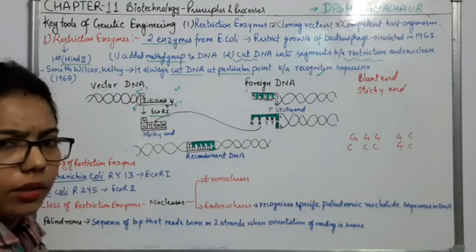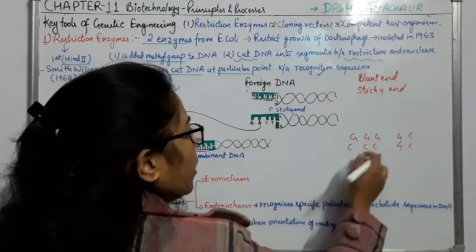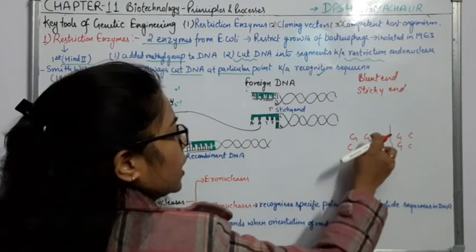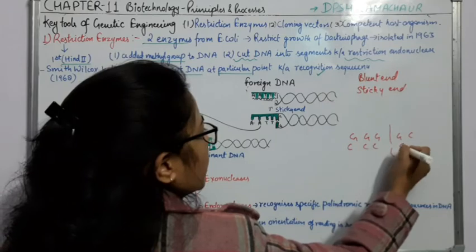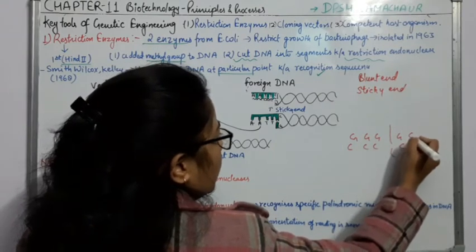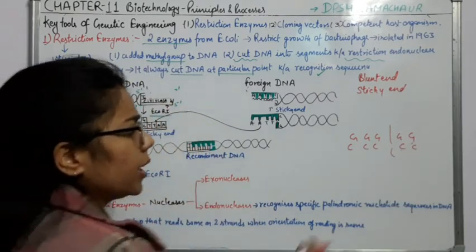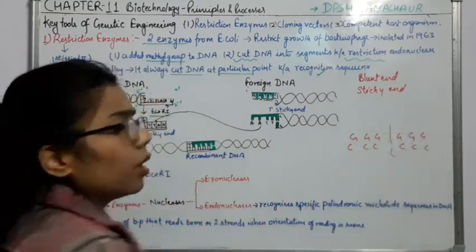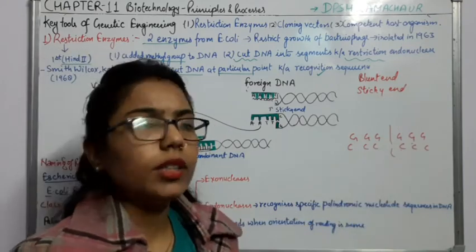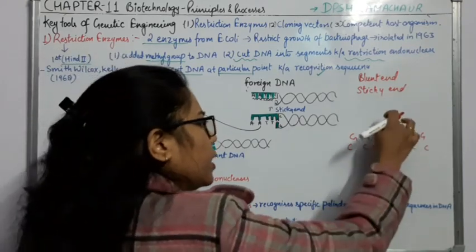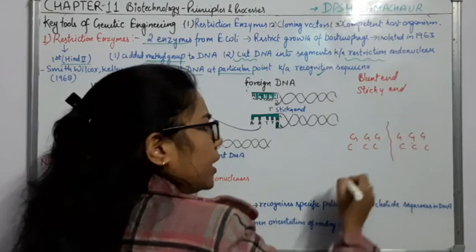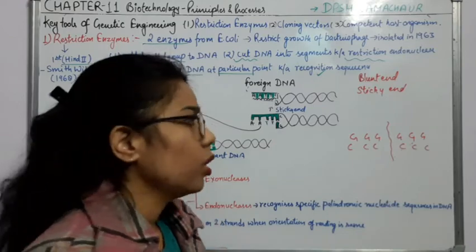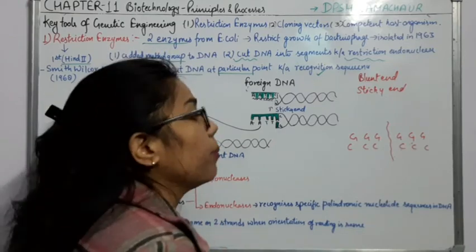If we have the chain and we are cutting between these two, G with C, G with C, and here also G with C, then G with C. So we are taking the 6 base pair sequence of G, C, or we can say the sequence with C above and G downward. If you cut this type of sequence, you will get the same sequence in this part and the same sequence in that part. So it will form the blunt end.